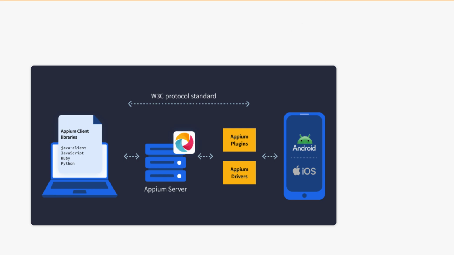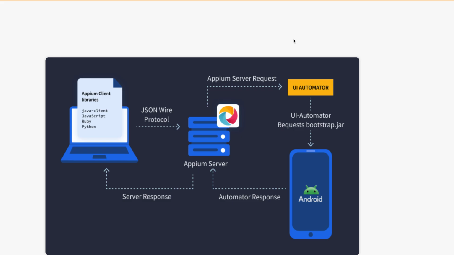If we specifically talk about the Android part, here we have two different drivers, UIAutomator and the XCUITest driver for iOS specifically. Now we talk about the Android part, how Appium is designed specifically for Android. It sends the request and receives the response from the driver side.